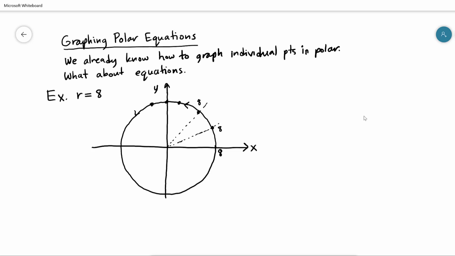You can think of it as us plotting a bunch of points along the way. One way that we can do this is setting up a table with r values and theta values. When theta was 0, what was r? Well, it was 8. And when theta was maybe pi over 4, for example, what was r? Well, it was still 8, because r is equal to 8. It's always 8. And we could change the values of theta, starting here, going over here, going over here, and r stays 8 the whole time.